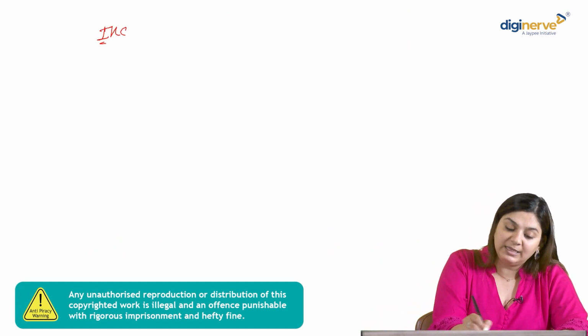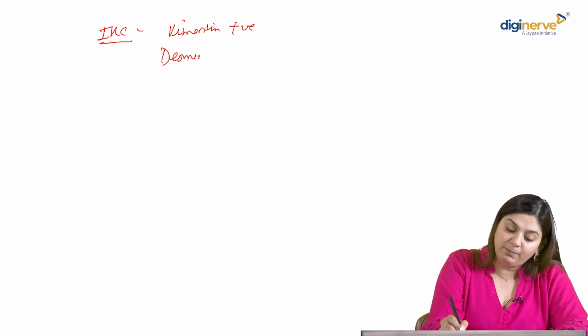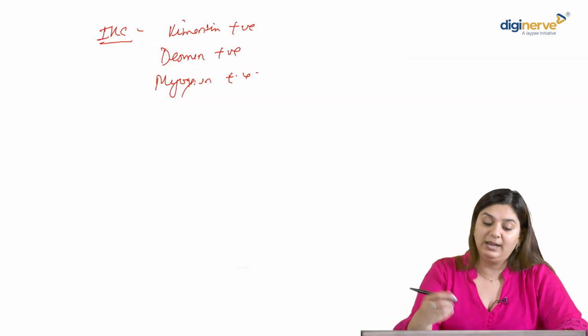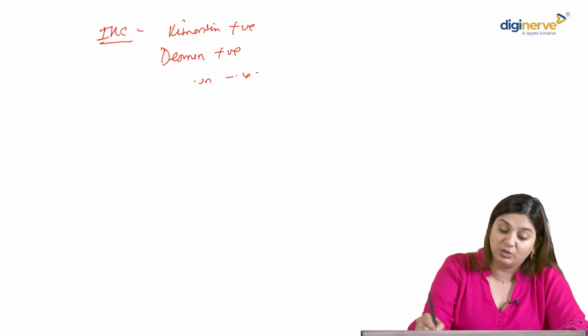The IHC of it will be vimentin positive, desmin positive, myogenin positive. See, they can give you this image and they can then give you in the history that myogenin is positive, desmin is positive.